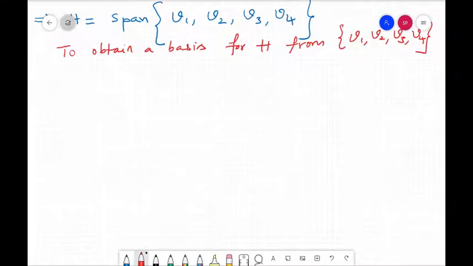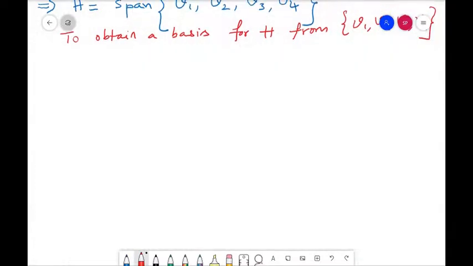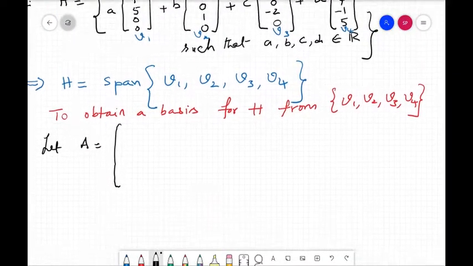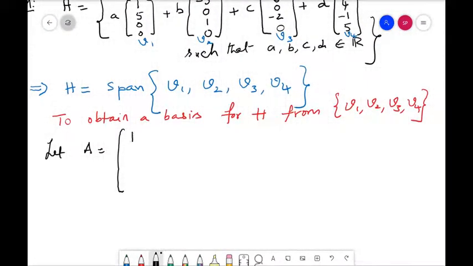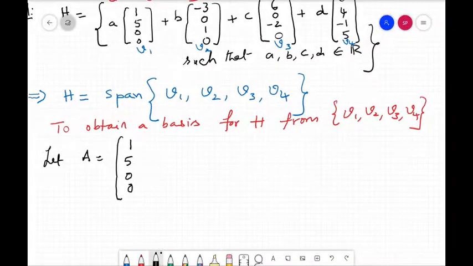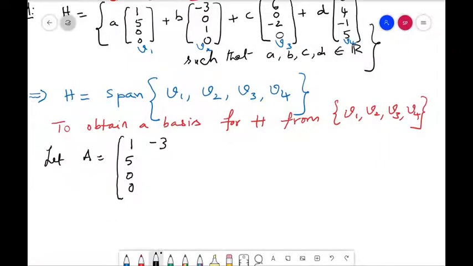For that I will take A equal to a matrix which has these vectors V1, V2, V3, V4. What are they? V1 is 1, 5, 0, 0, and V2 is minus 3, 0, 1, 0.